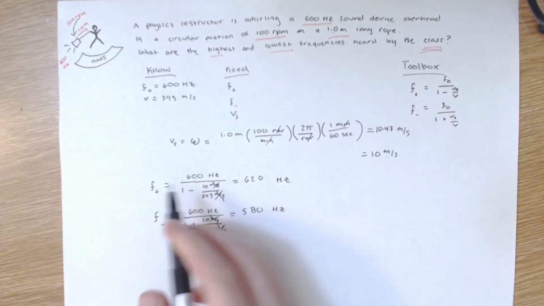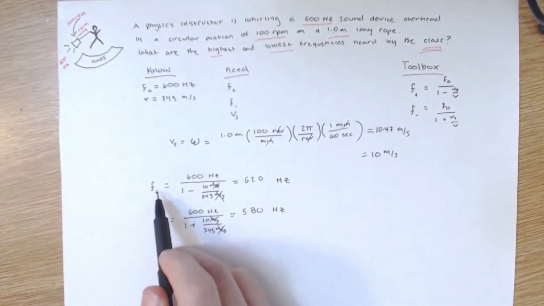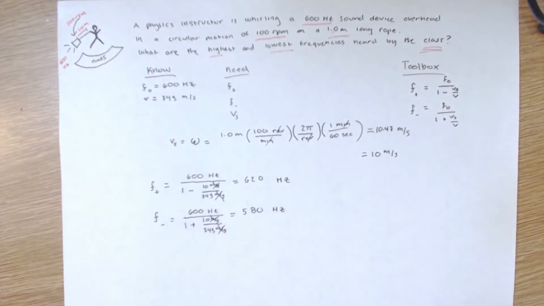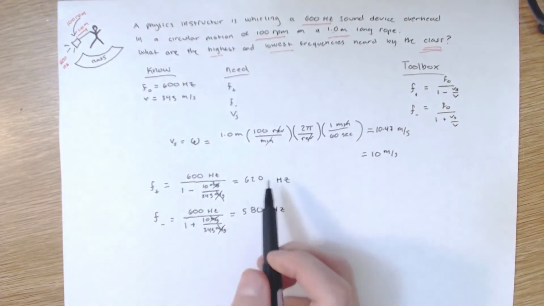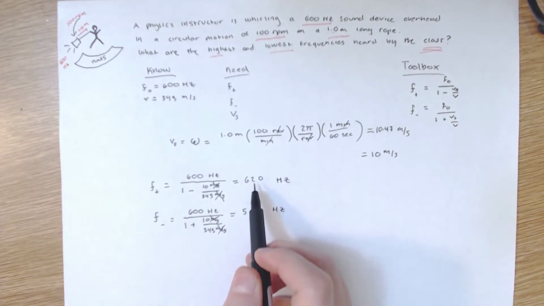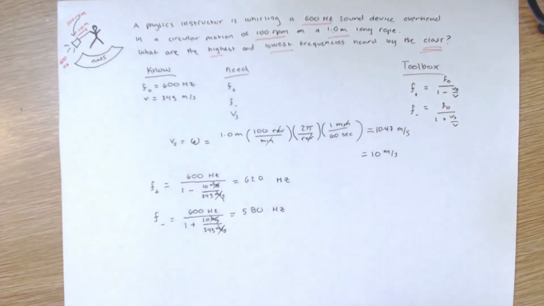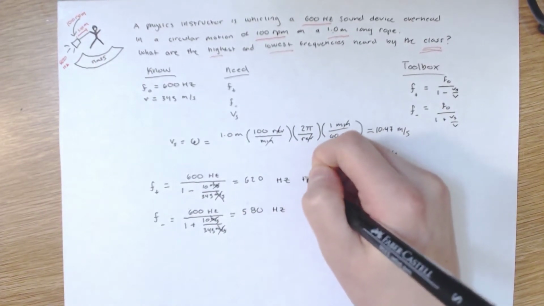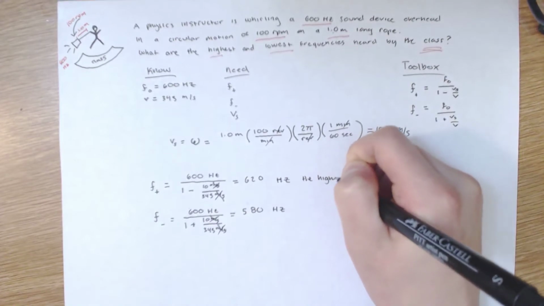So as the sound device is approaching us as a class, it makes sense that we would hear a higher frequency than the professor hearing the source. So this would be the highest frequency.